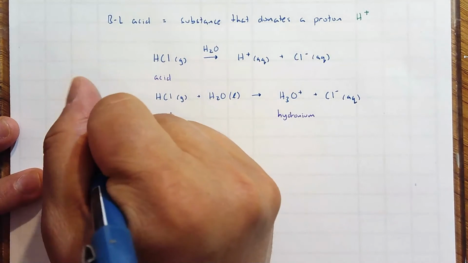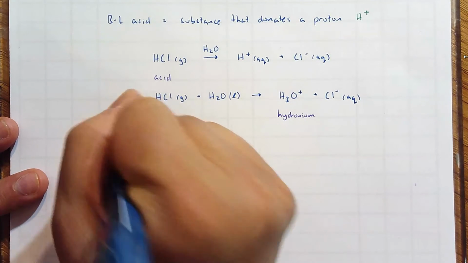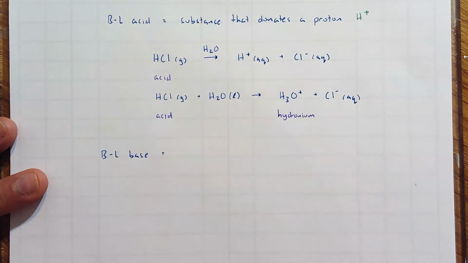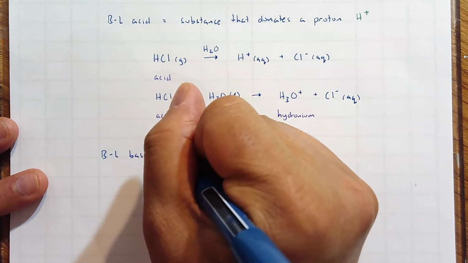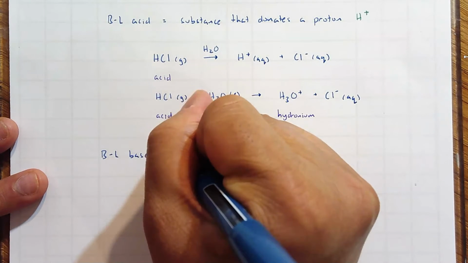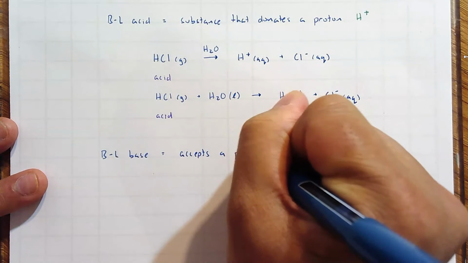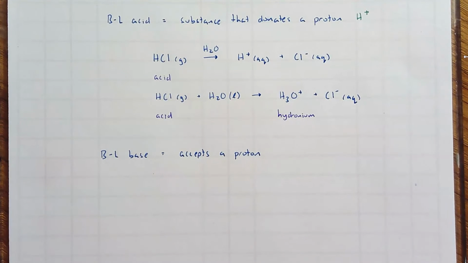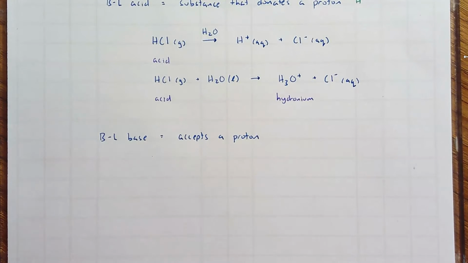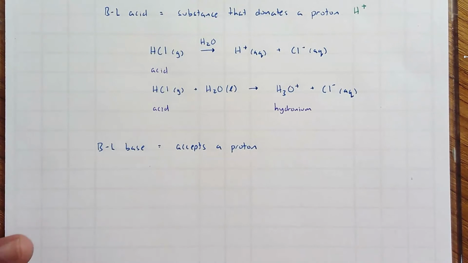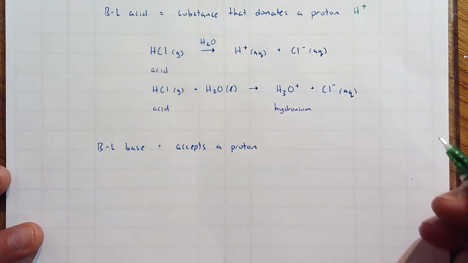Let me show you a Brønsted-Lowry base. Well, if an acid donates a proton, the base accepts a proton. Now, we're going to use this example here because we do have a substance that accepts the proton.